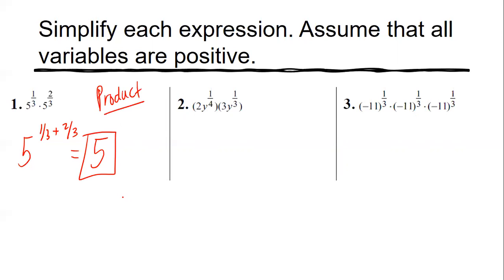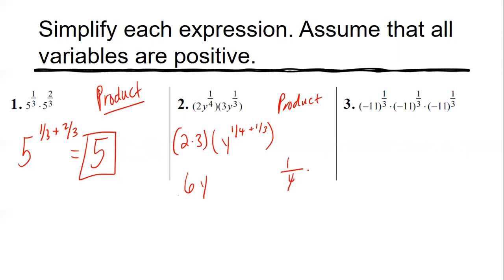All right, number 2, we're still using what? Still using product. So we have 2 times 3, and we have y to the 1/4 plus 1/3. So what do we say for 1/4 and 1/3?